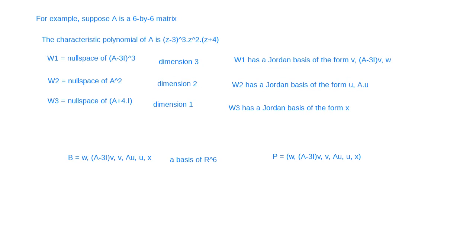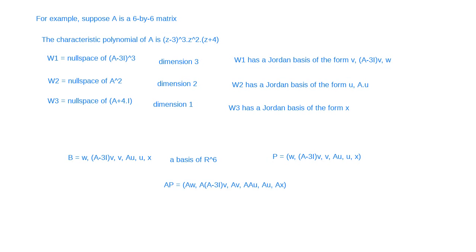And then you see that A times P is equal to AW, A times A minus 3I times V, then AV, and then A times AU, then AU, then AX.